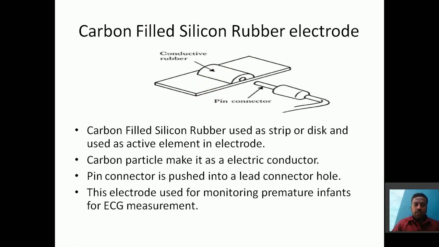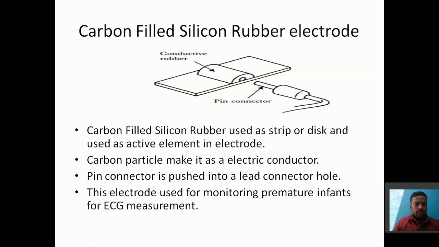On one side we have a conducting hole. Here on the back side we have a flat surface. On the flat surface we use a silver chloride coating. The silver chloride coating contacts our body through the electrolyte, and then we can measure the signal.